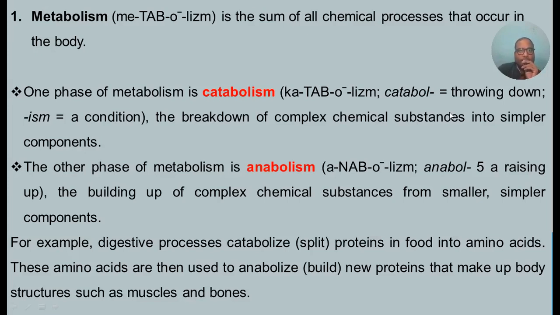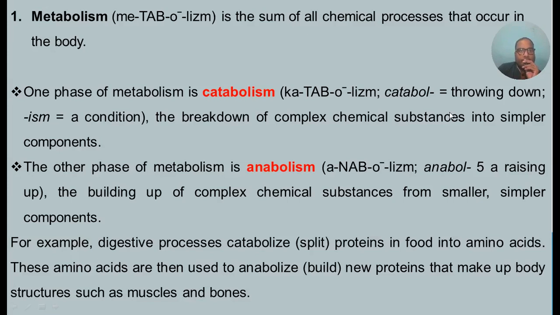These are simpler forms as compared to glycogen, starch. So starch, glycogen are the complex chemical substances, macromolecules, whereas molecules like glucose, fructose, lactose are all simpler forms. So these are the examples of catabolism.